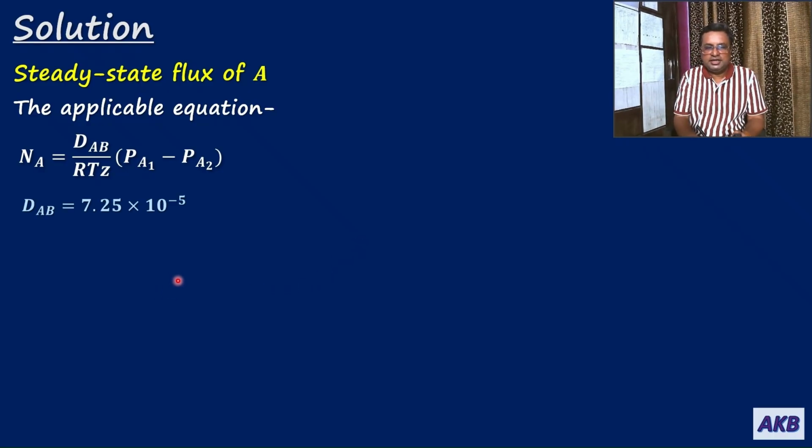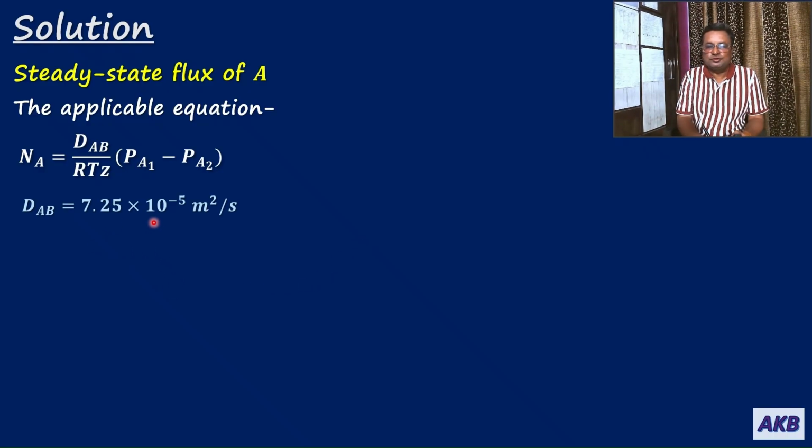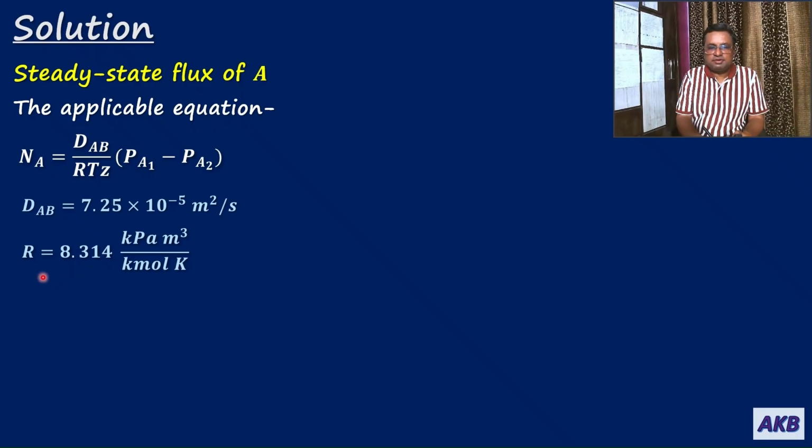So DAB is 7.25 into 10 to the power minus 5 meter square per second. Then R, we will be using the value 8.314. If you are using 8.314, pressure will be in kilopascal, which is the case here, volume is in meter cube, amount of substance is in kilomole, and temperature is in Kelvin.